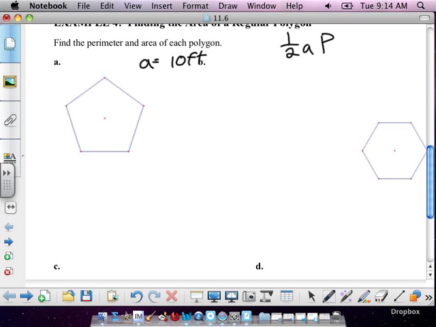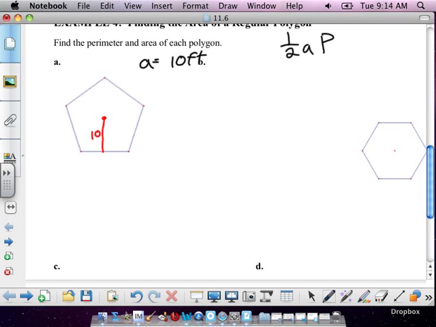Okay. What is the apothem? It's from the center to where? The side. So let's draw in the apothem. I'm going to label it 10. Okay. What do we need to know in order to find the perimeter? Sides. Okay, this is where it gets complicated. All right. We need to find this length right here at the bottom.